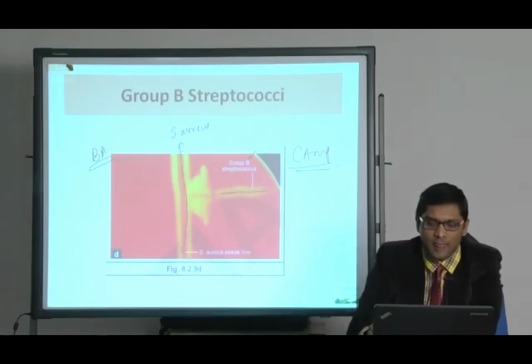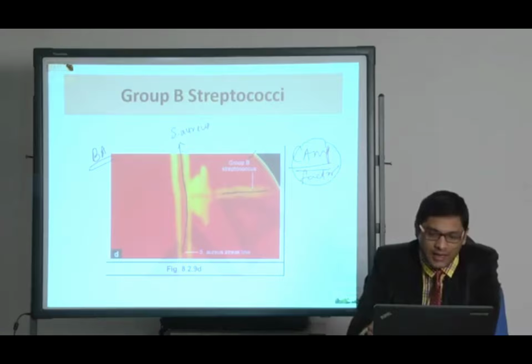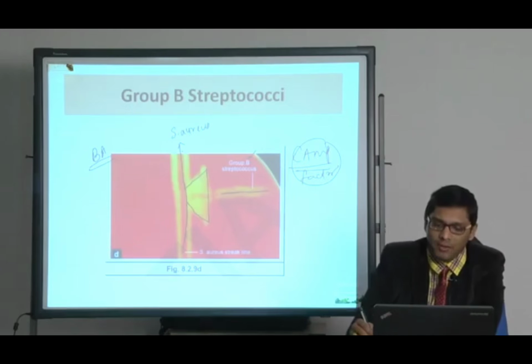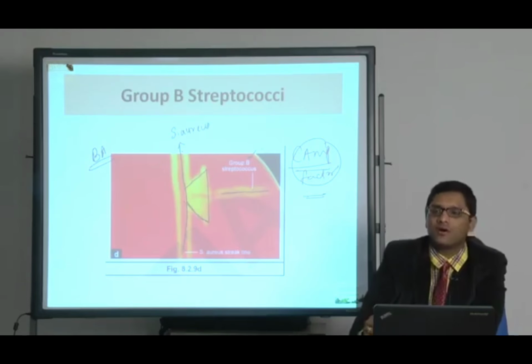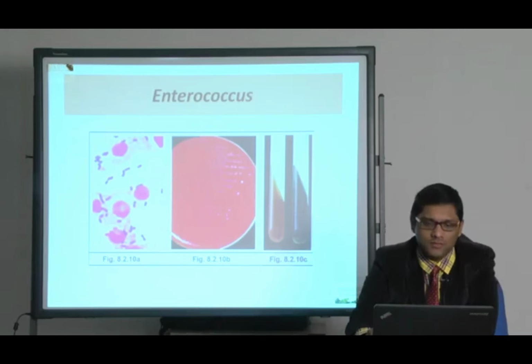But the difference is that group B streptococcus will produce CAMP factor, which will synergistically enhance the hemolysis at the junction with Staph aureus. So, this is called a positive CAMP test, and this is done for group B streptococcus.